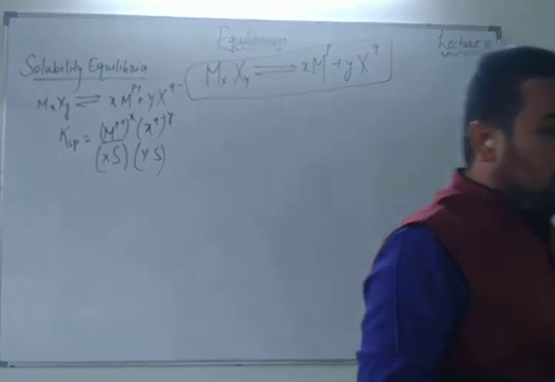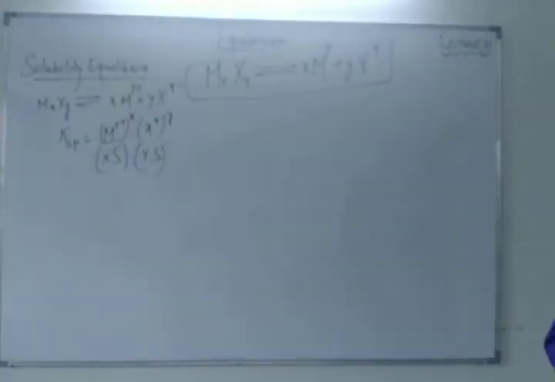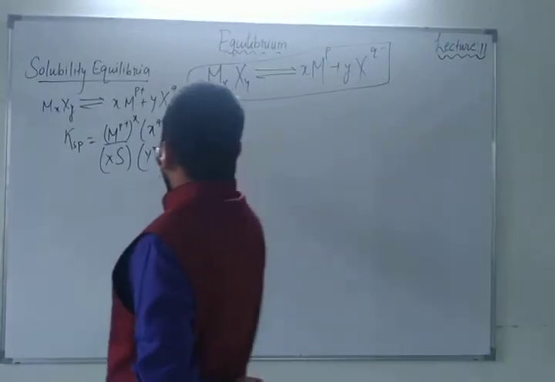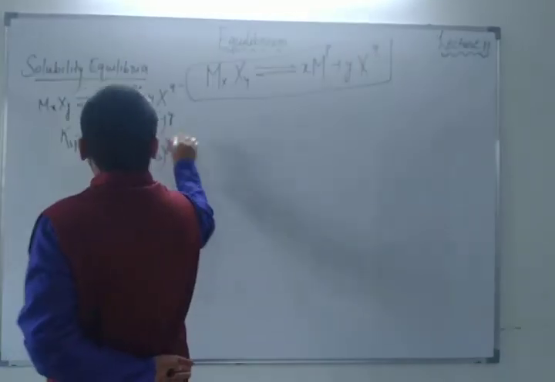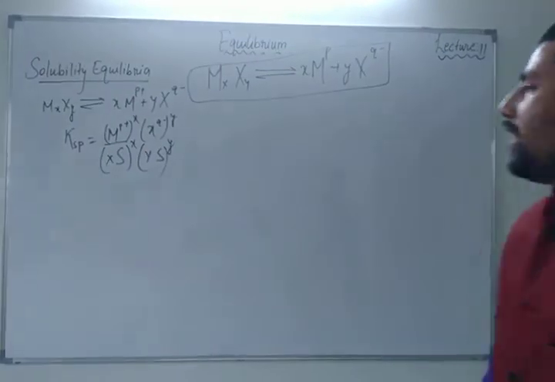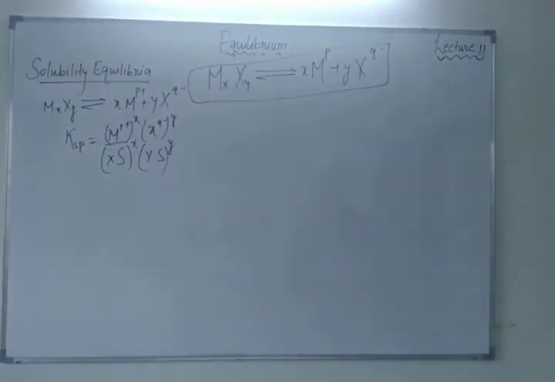Now tell me, what will be the power of the exponent? The exponent is the same, x and y, right? X and y. So now if I put this value, here no need to worry, x to the power x, y to the power y.